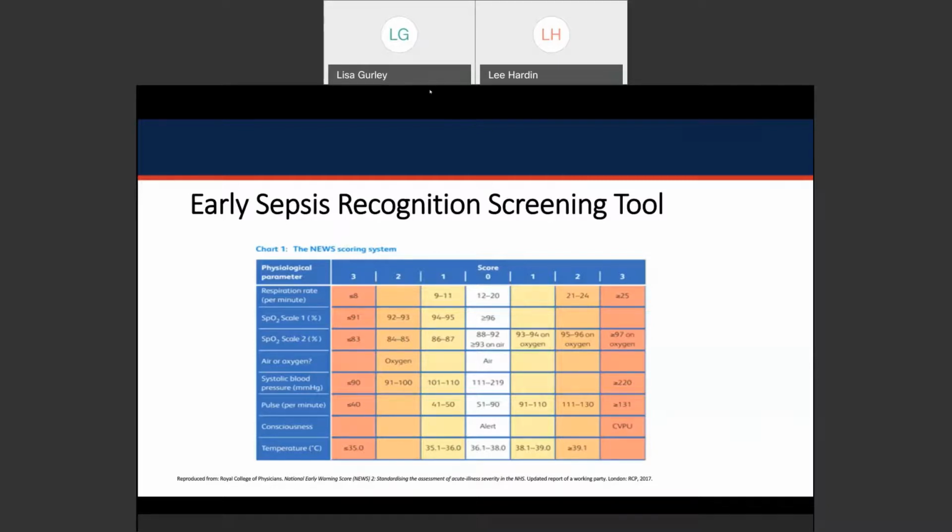You can see that the new scoring system is based on simple aggregate scoring, in which a score is allocated to a physiological measurement that's already recorded in routine practice when patients present to or are being monitored in the hospital setting. 6 simple physiological parameters form the basis of the scoring system.